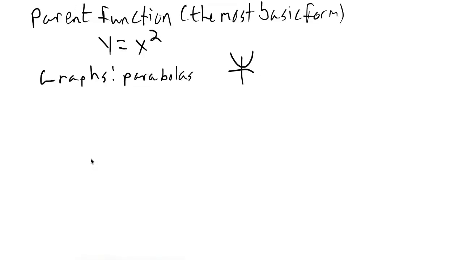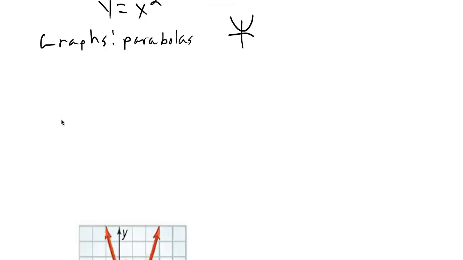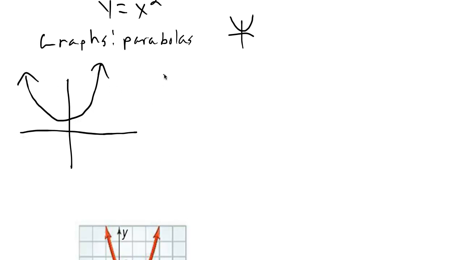We had a couple of special parts of the parabolas, so let's go through those. If we have some parabola here, say it looks like that. The first thing we had was called our axis of symmetry. And so our axis of symmetry is the line that divides the parabola into two matching parts.